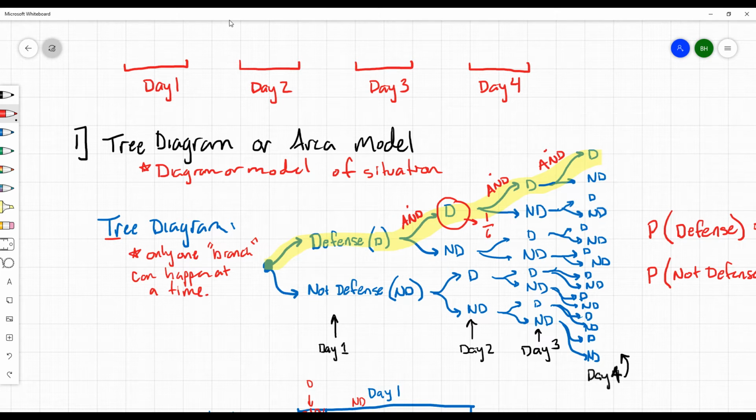If we're comparing two or more branches, we add, because we want this branch or this branch to happen, but both of them can't happen at the same time. In our case, using one branch, we multiply probabilities. And this one we add probabilities.